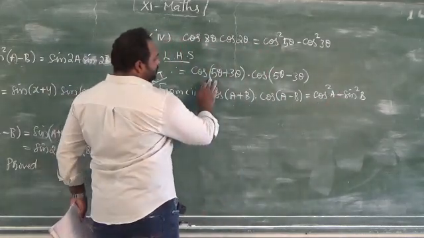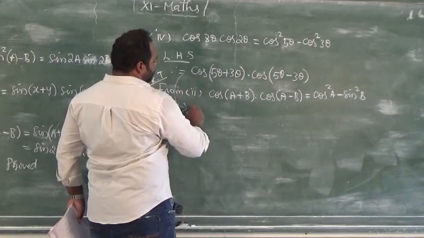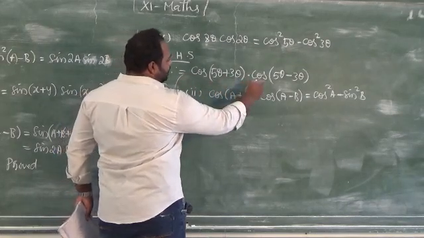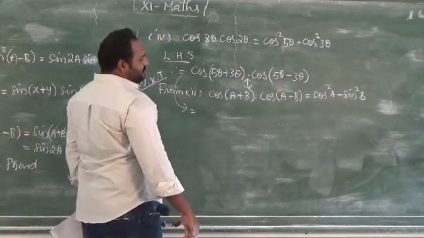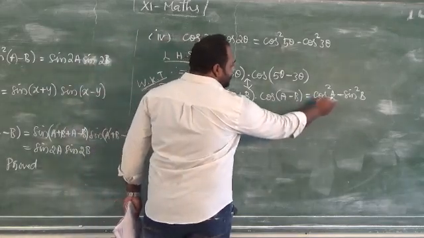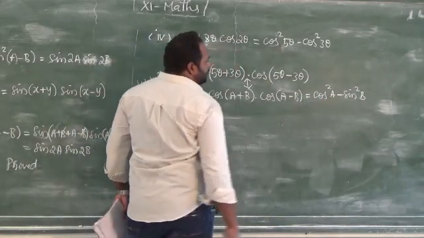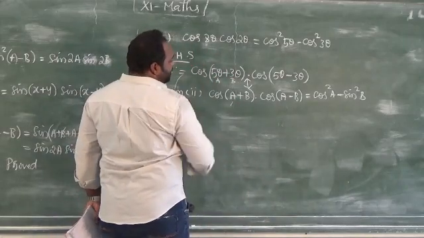So what is this format? This format, cos(a plus b) into cos(a minus b), is related to this left hand side. Here this is a, this is b.